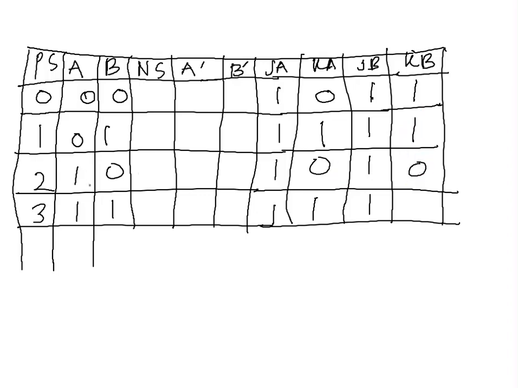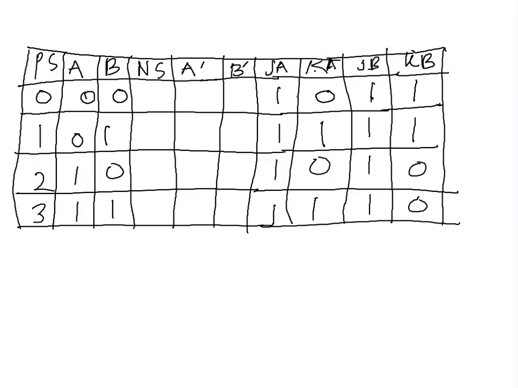Then this one A is 1, also this one A is 1. So 0, 0.